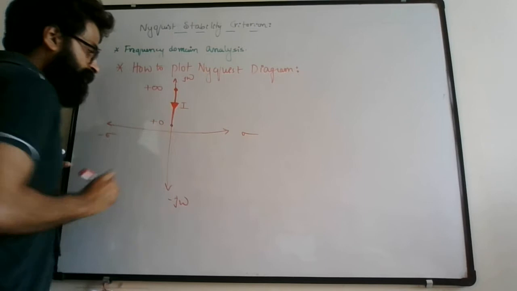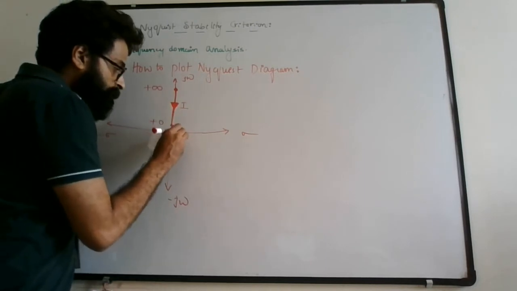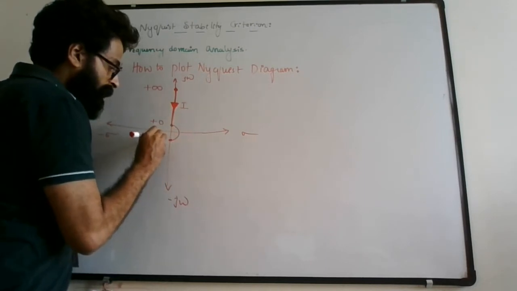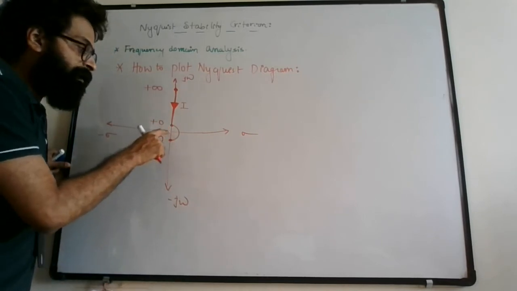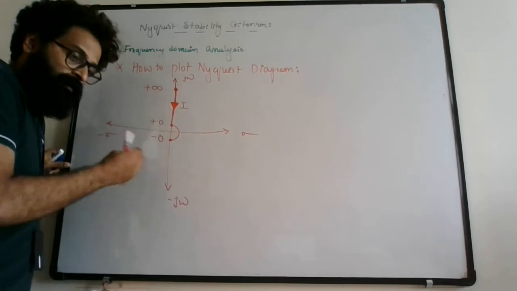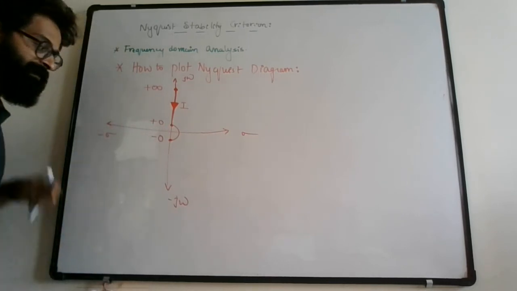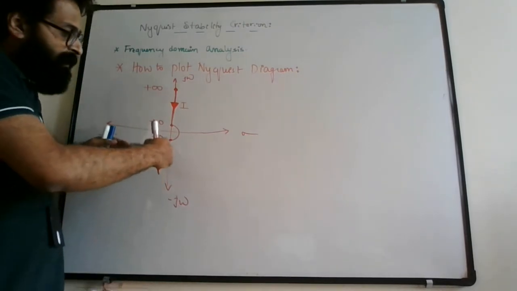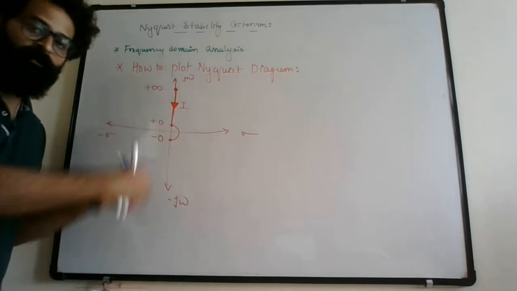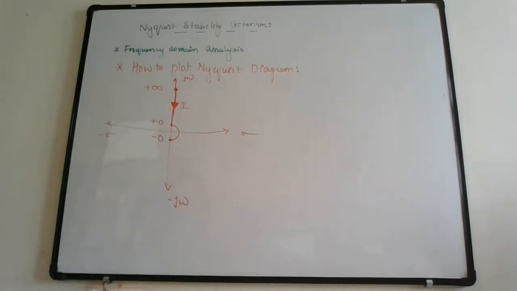Then let me consider section 2. The frequency which is very close to 0 on the negative y-axis, let's take it as 0 minus, or minus 0. This minus 0 is a mere indication that the frequency variation is taking place in the downward direction, or along the negative imaginary axis.